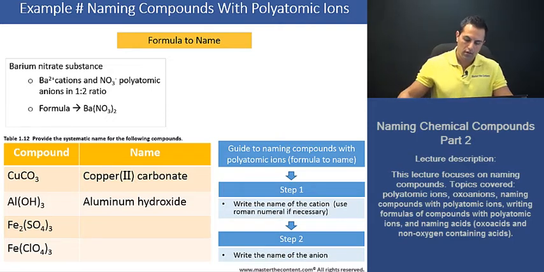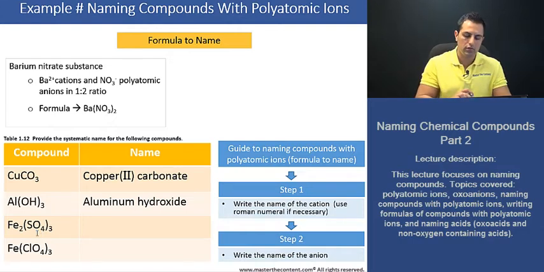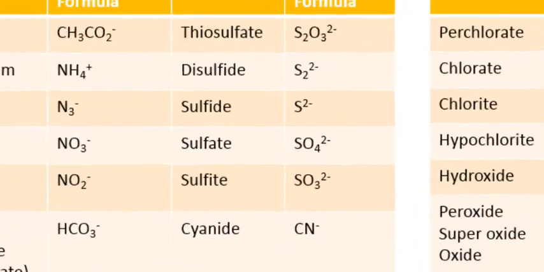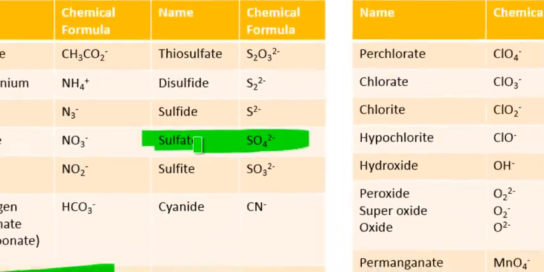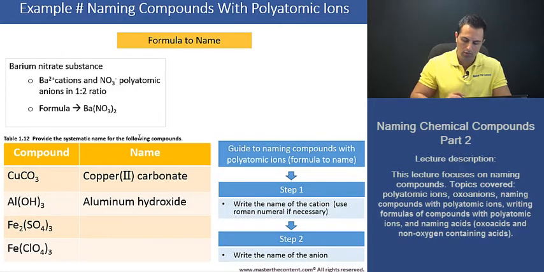Okay, now let's move on here to our next compound. Now we know that we're going to need to use a Roman numeral for iron, as we've been doing thus far in this lecture. And our sulfate ion here, this polyatomic ion, what's the charge on sulfate? Sulfate was +2, right? Excuse me, -2.